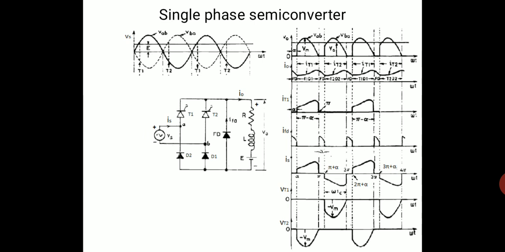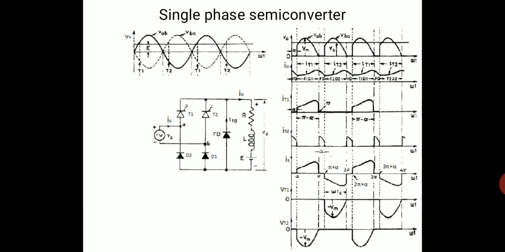In a fully controlled bridge configuration converter, we use 4 thyristors T1, T2, T3 and T4. That means in case of a semi converter or half controlled converter, we will use only 2 thyristors T1 and T2. The rest of the thyristors will be replaced by diodes, uncontrolled devices.